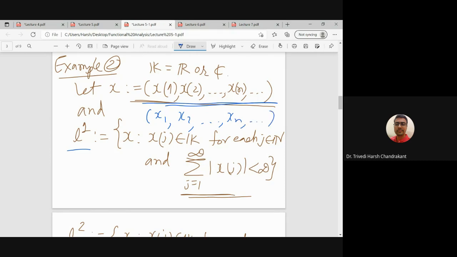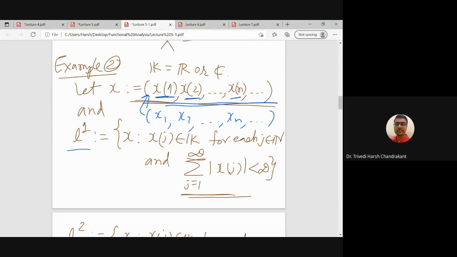But we are writing it as a function of natural numbers. Why we are doing that, we will see in this lecture. Otherwise these two notations are the same.